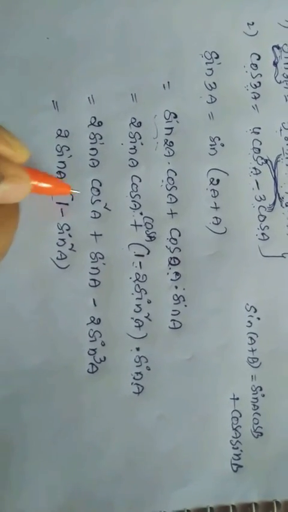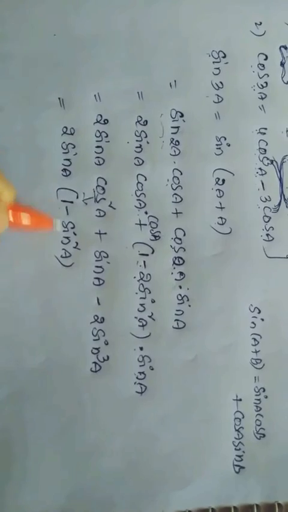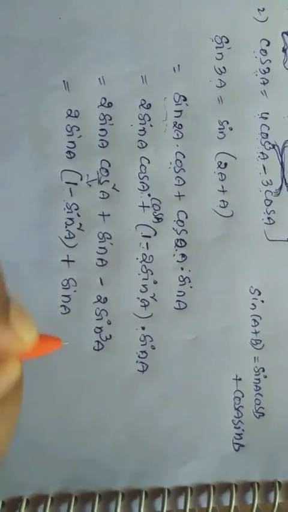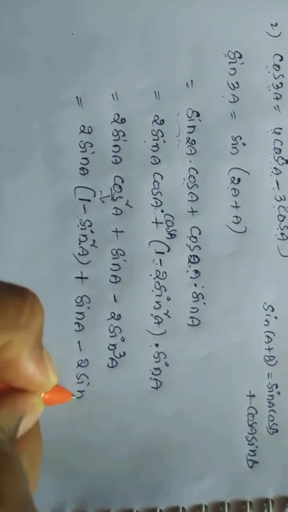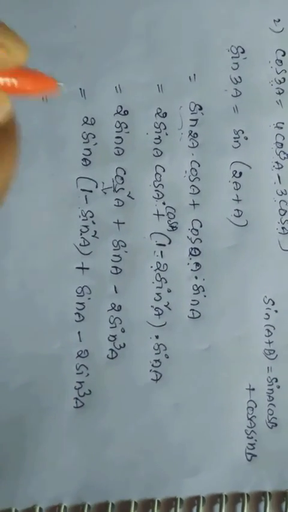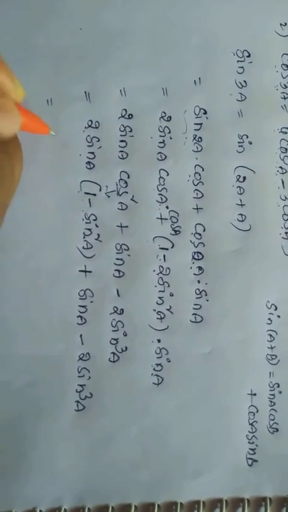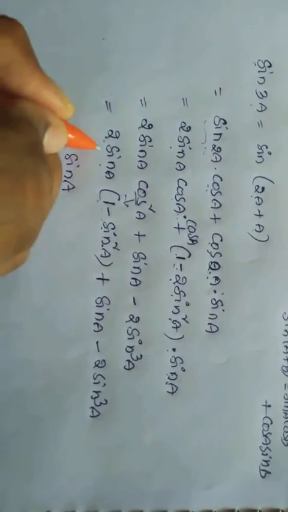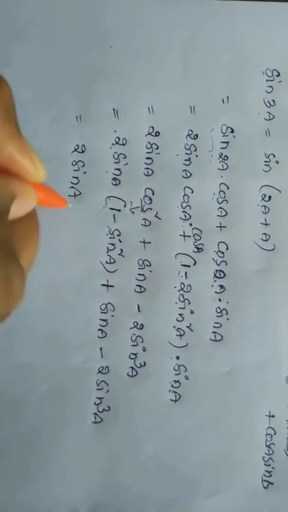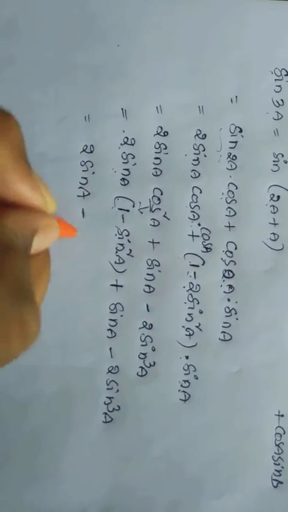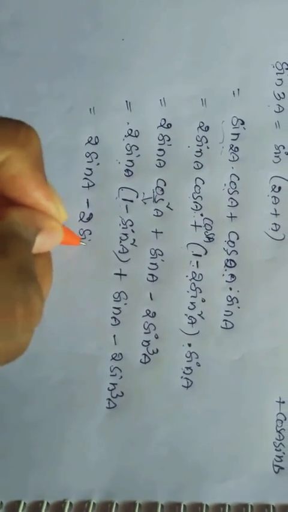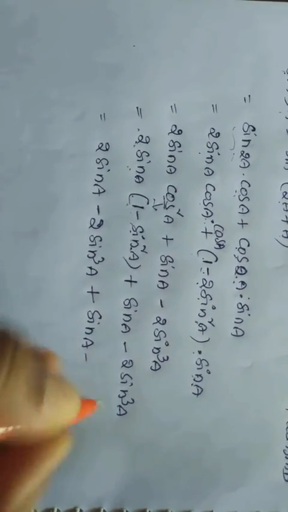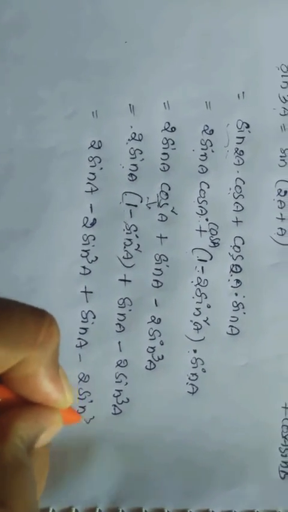By using that identity we can write cos square A as 1 minus sin square A, plus sin A minus 2 sin cube A. Now multiply 2 sin A into 1, 2 sin A, because if you multiply anything with 1 we will get the same thing. Plus into minus, 2 sin A into sin square A. So 2 sin cube A plus sin A minus 2 sin cube A.